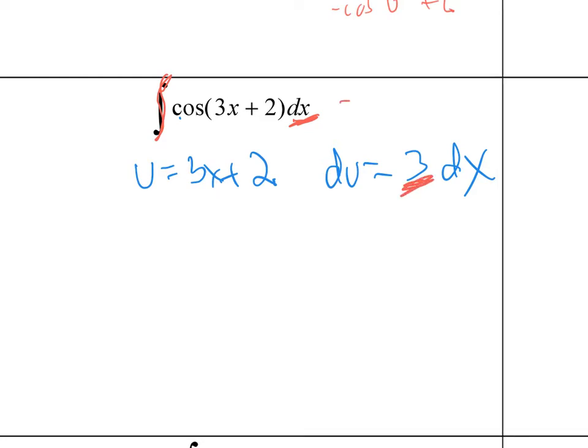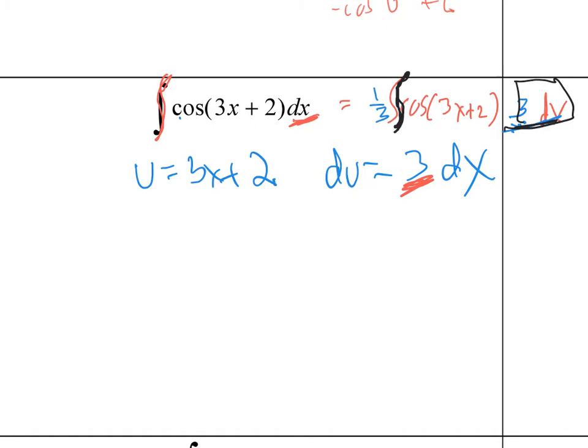So what I do with this problem, I say cosine of 3x plus 2. I was missing the 3, so I add it. And to cancel that operation out, I multiply the whole thing by 1/3. So now this integral and this du all goes away.